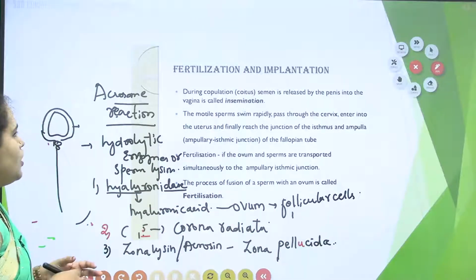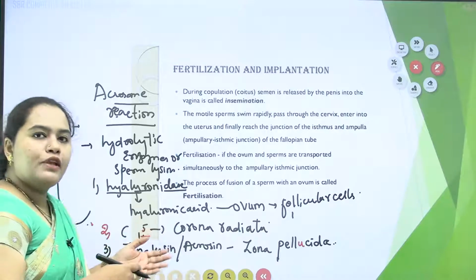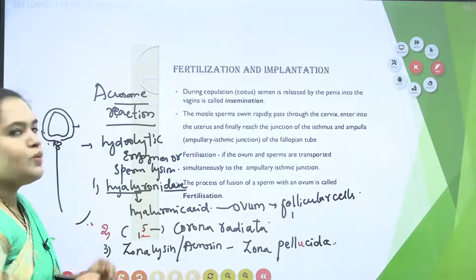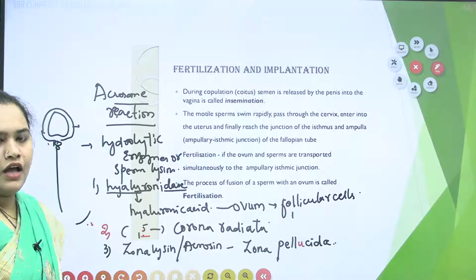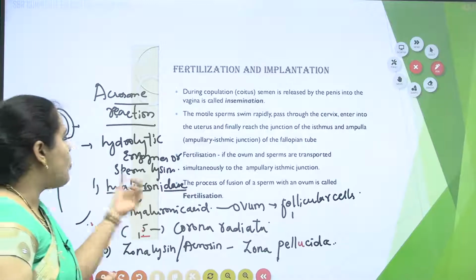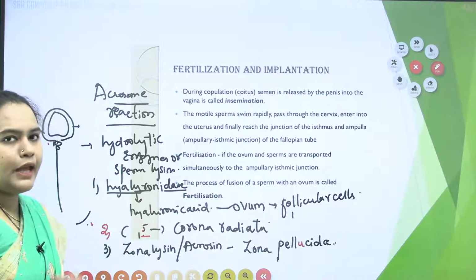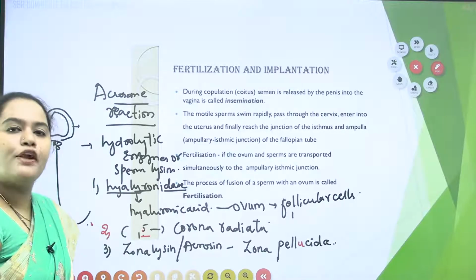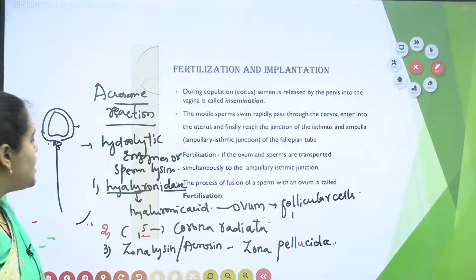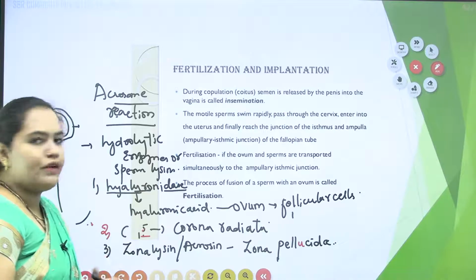Okay. As soon as the sperm comes in contact with the ovum in the ampulla, acrosomal reactions will get started. The acrosome releases the hydrolytic enzymes, also called sperm lysins. There are three types of hydrolytic enzymes produced by the acrosome, which you have to remember. They are very important. The first one is the hyaluronidase.